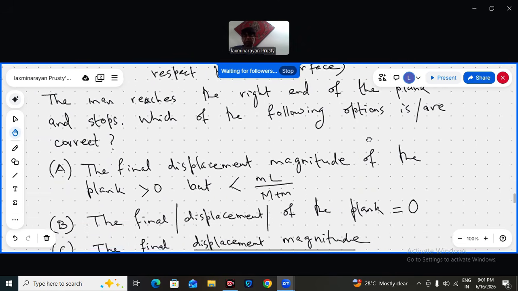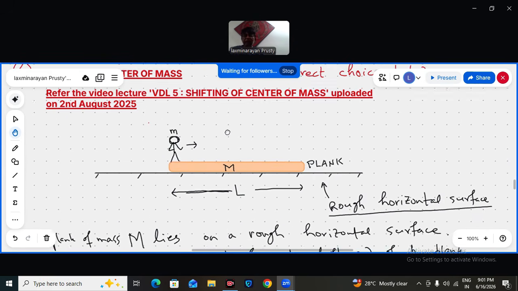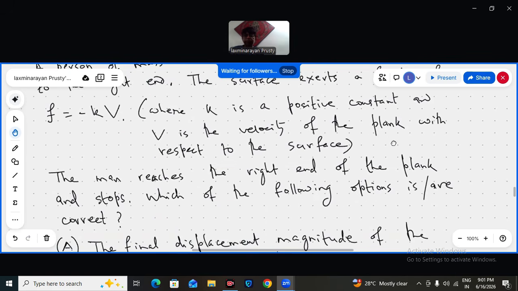So the man reaches the right end of the plank and stops. We don't know the behavior of the friction force between man's feet and the plank surface. But we know the friction between the plank and the ground surface, the rough horizontal surface, obeys F is equal to minus K into V of the plank.